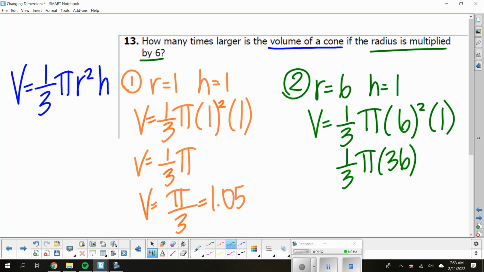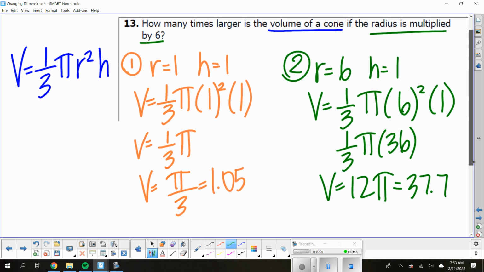So I'm really taking 1/3 times 36, which is going to give us 12 pi, which again, if you wanted to find the decimal version of that, 12 pi is 37.7.